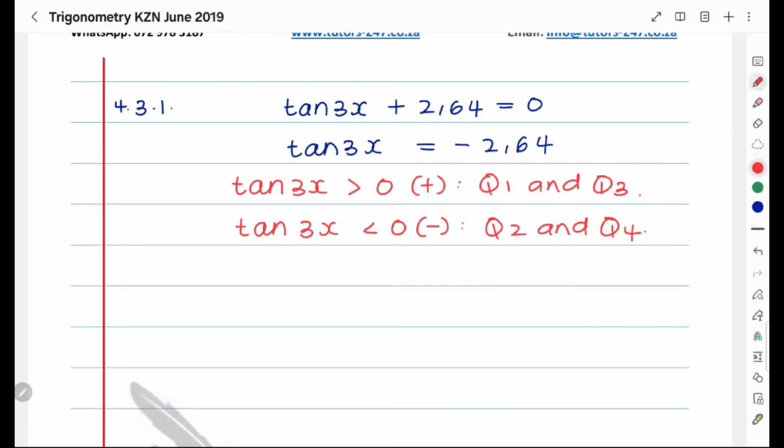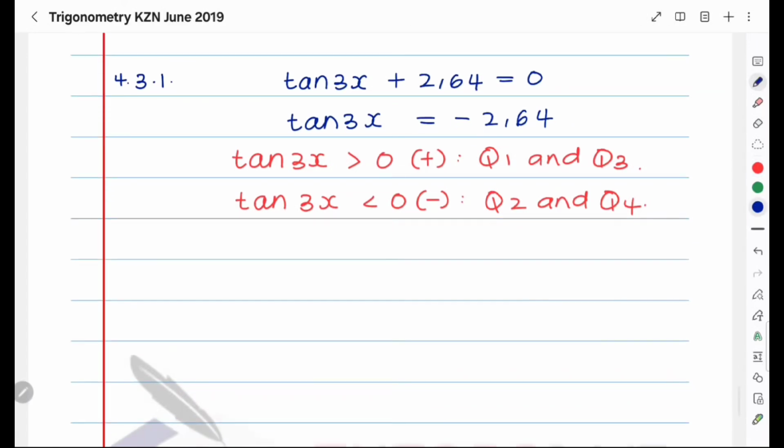Tan is equal to negative 2.64. So our solutions are going to be in quadrant 2 and 4. Now, let us find a reference angle. To find a reference angle, we are going to move tan to the other side, making it tan inverse of 2.64. Don't forget to ignore the negative sign when finding a reference angle.